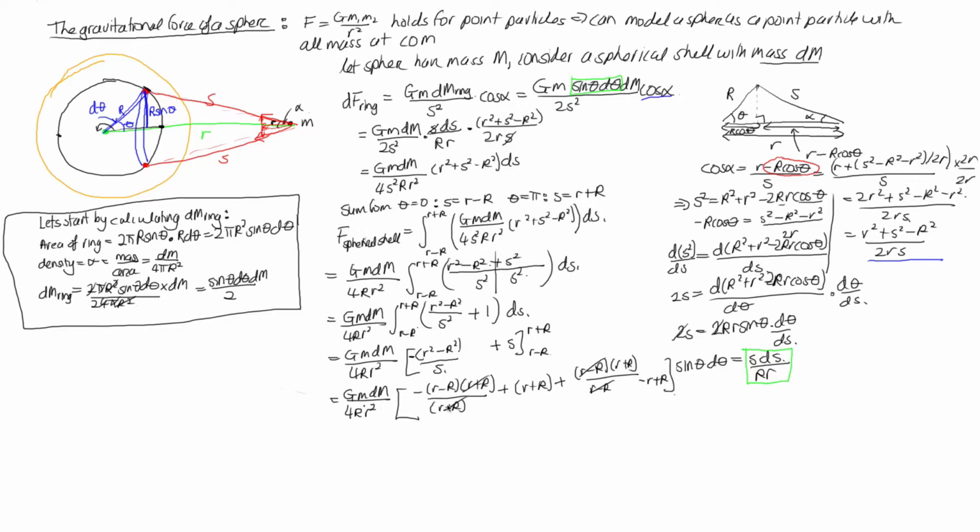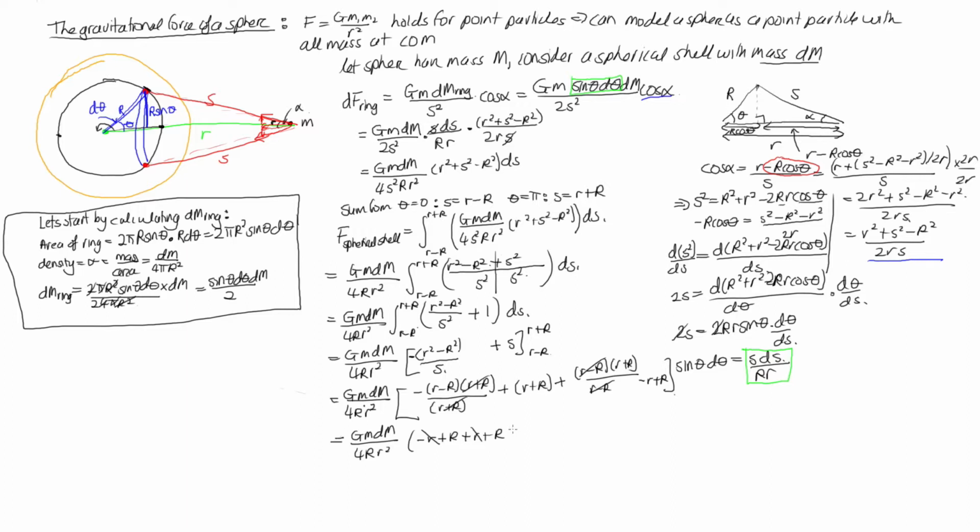So now I've cancelled out common terms between the top and the bottom. Let's evaluate this. Got GM dm over 4R r squared times minus little r plus big R plus little r plus big R. So you can see those two cancel each other out.